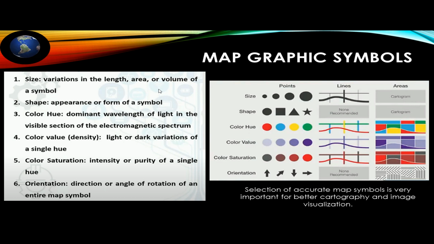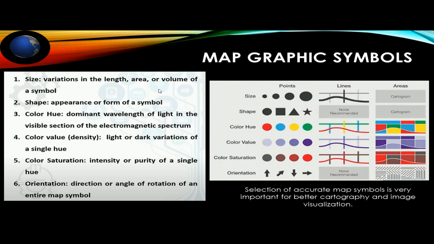Which feature is more important or less important? Based upon that, we vary their sizes. For a road network also, we demarcate highways, national highways, and state highways with bold thick lines, and for a normal road we take thin lines or dashed lines only. That is called demarcation of the feature.